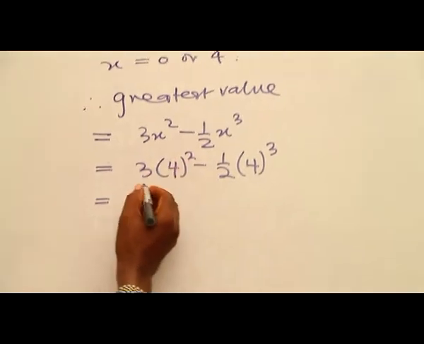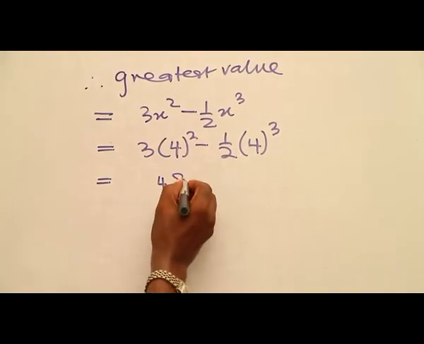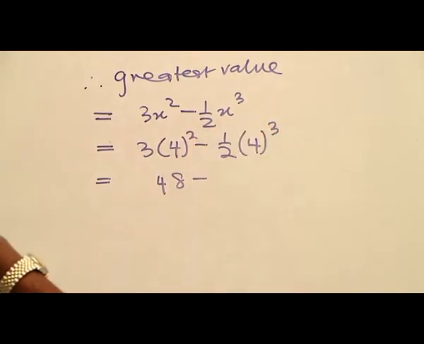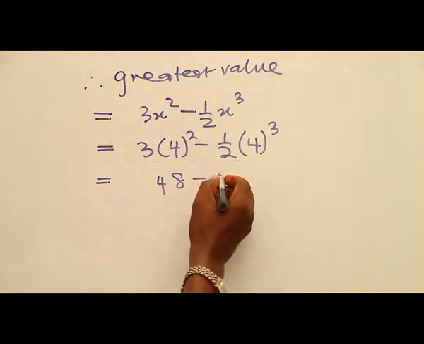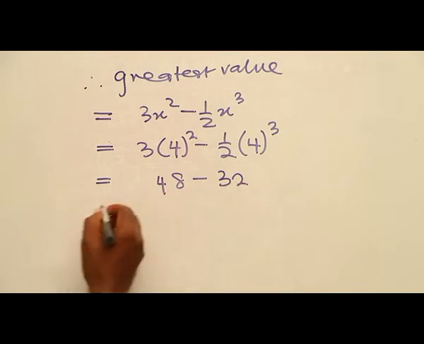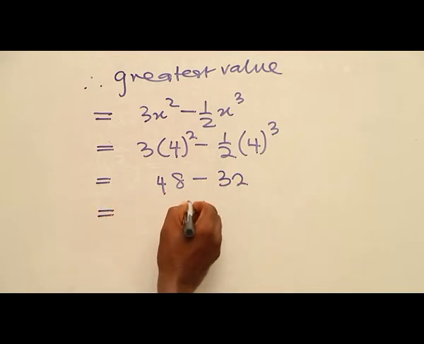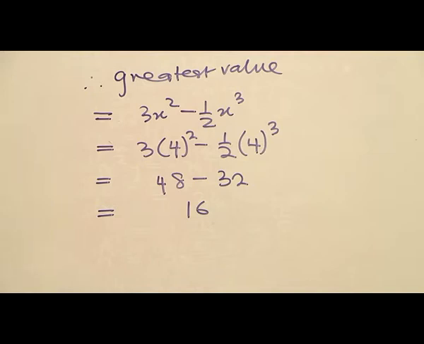This is 16 times 3, which is 48, and 4 cubed is 64, times half is 32. The result is 16. So we have finally the greatest value of x squared y is equal to 16.